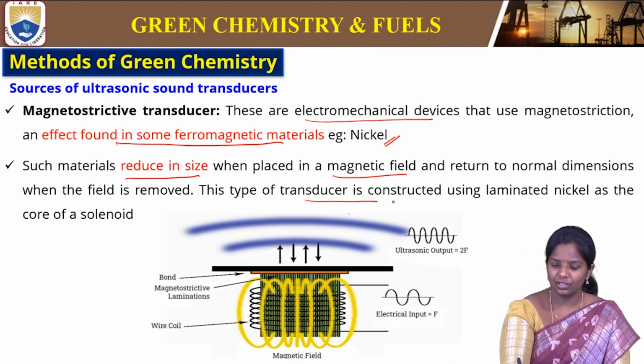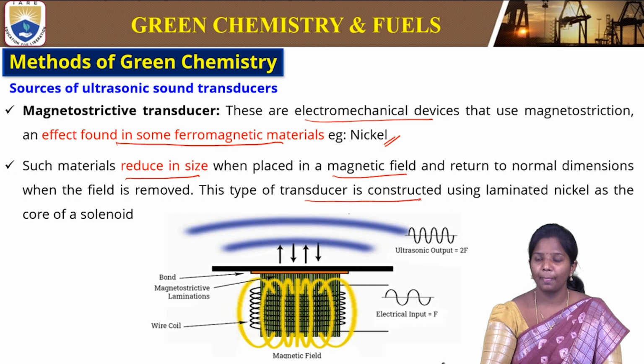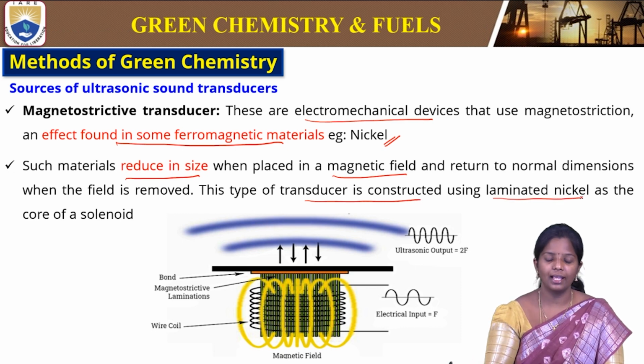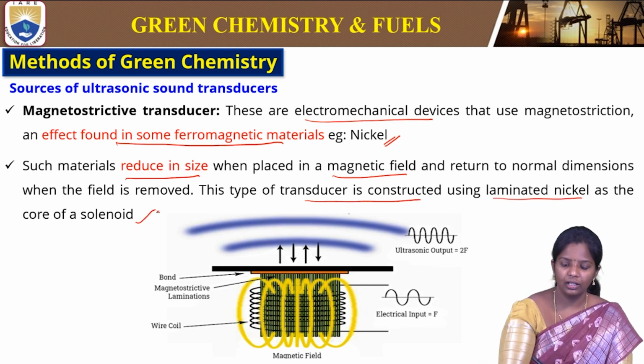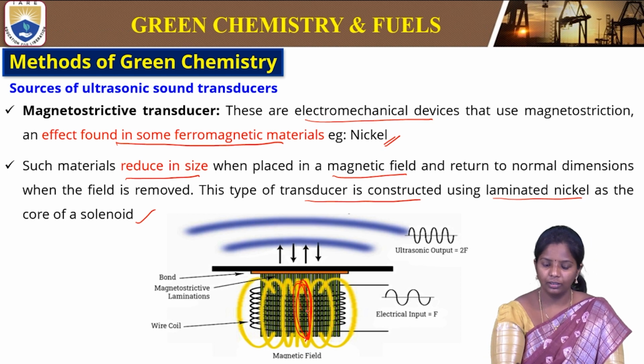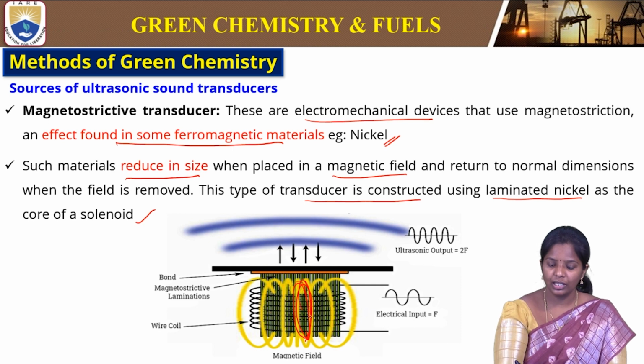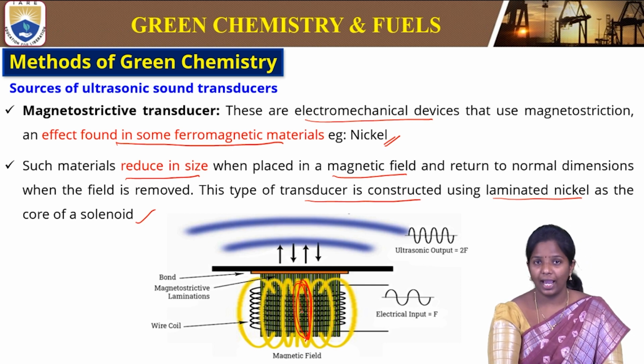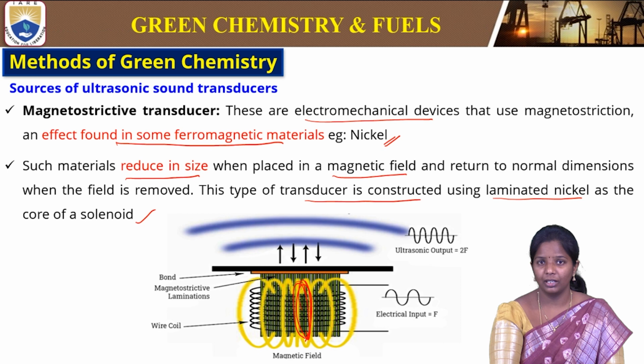This type of transducer is constructed using laminated nickel as the core of a solenoid. For example, this is the magnetic field around the material that we are using. There is an increase and decrease in the size of that particular ferromagnetic material.